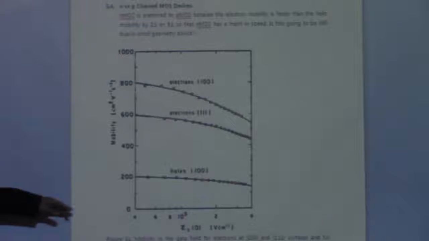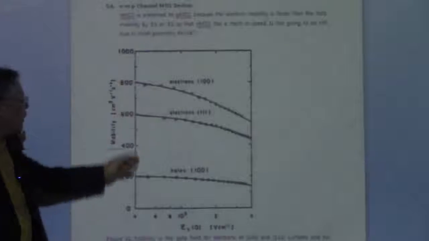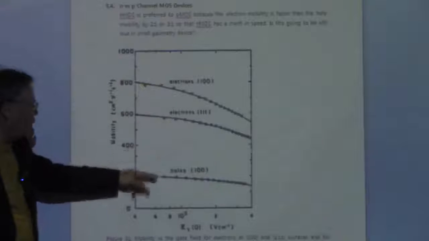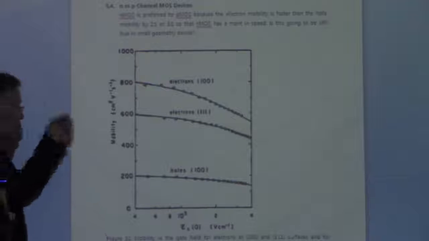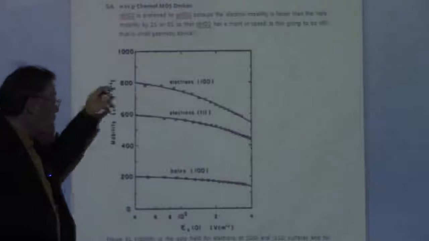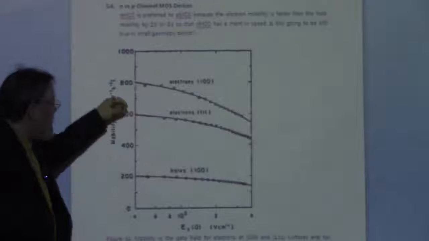This is the electric field, and this is the mobility. The electron mobility and the hole mobility. You can see almost 3-to-1, more than 3-to-1 higher values in the mobility of electrons compared to the holes.